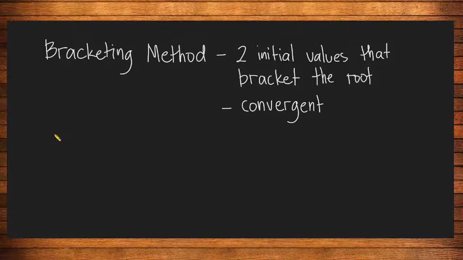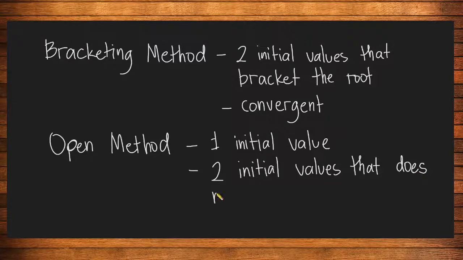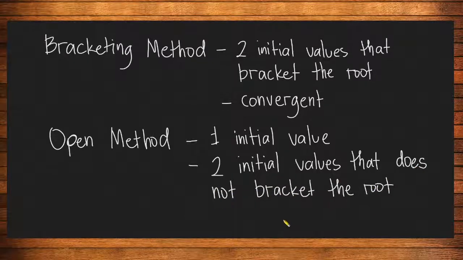In contrast, the open methods that will be discussed in this video require only a single starting value, or two starting values that do not necessarily bracket the root. Because of this, there are cases where the open method may diverge or move away from the true value of the root.